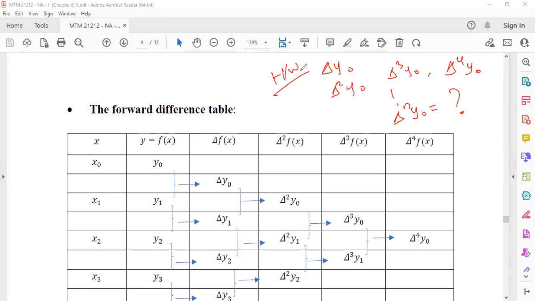So I'm going to show you one method of how we can use this idea using some tables. Write down the homework. So find the homework for the nth difference, delta n of y naught.